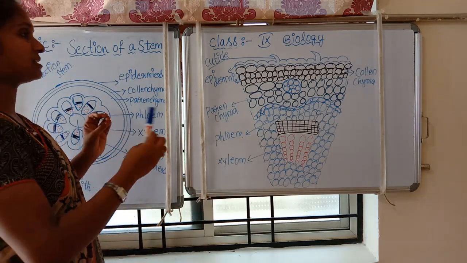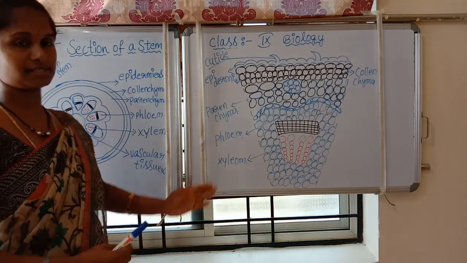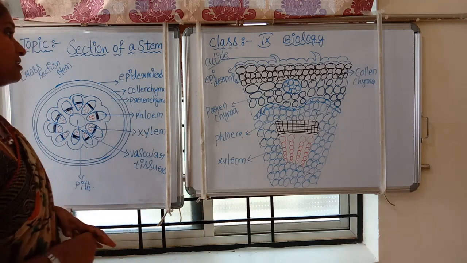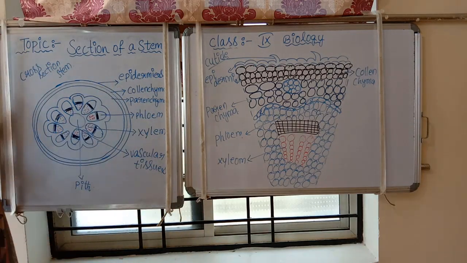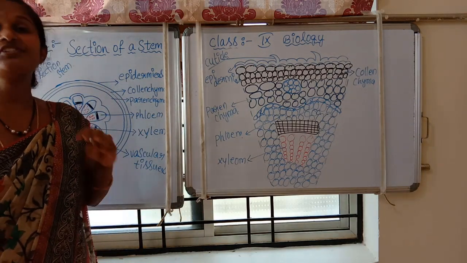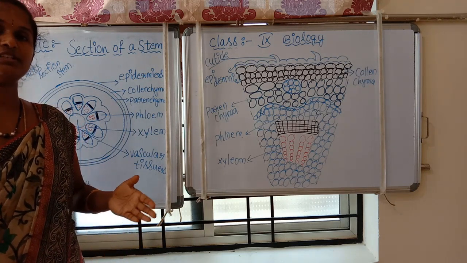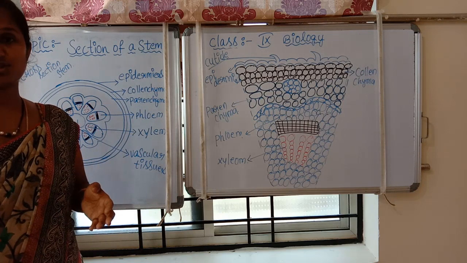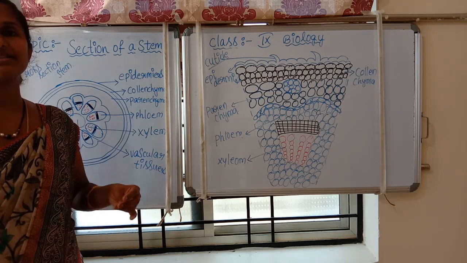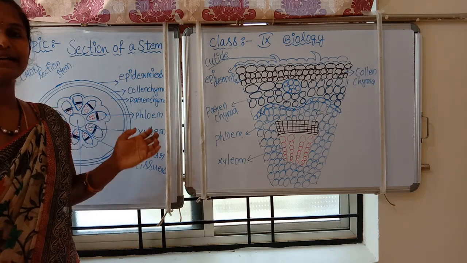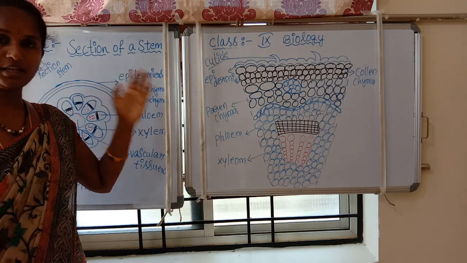Let's have a brief discussion about these parts in this session, children. The epidermis is the first layer of the plant, and it is helpful for the opening and closing of stomata, to let in sunlight and to absorb water.